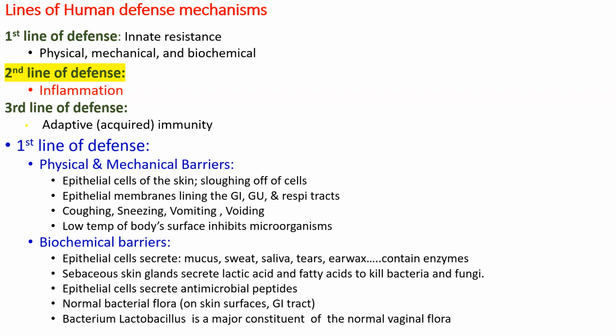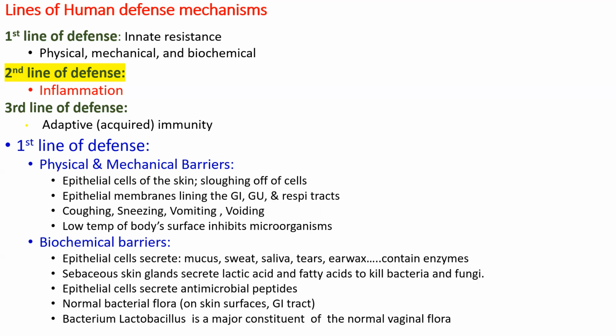And there are other examples of biochemical barriers, which also lie under the first line of defense. So this is the first line of defense. But what is the second line of defense? It is inflammation, the inflammatory process, and we'll go over the different phases or steps of the inflammatory process and the pathophysiology.